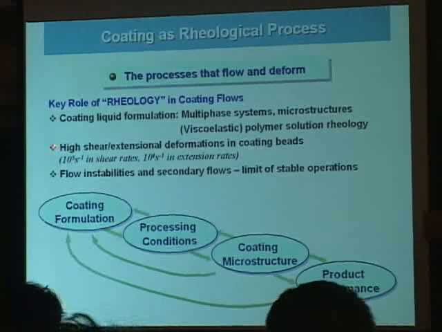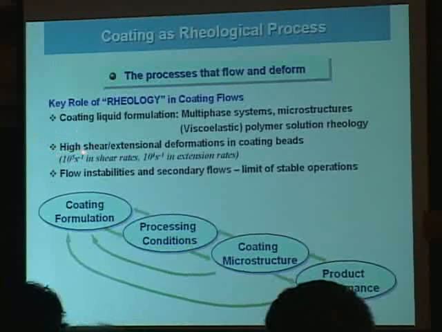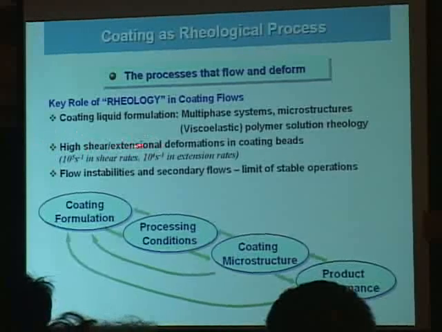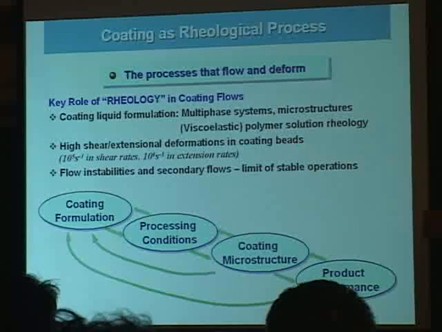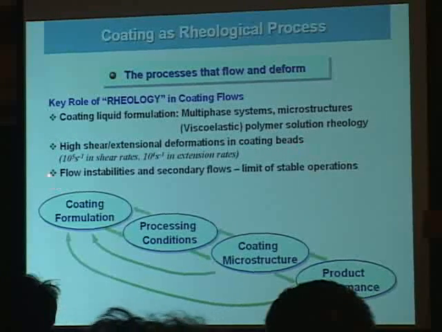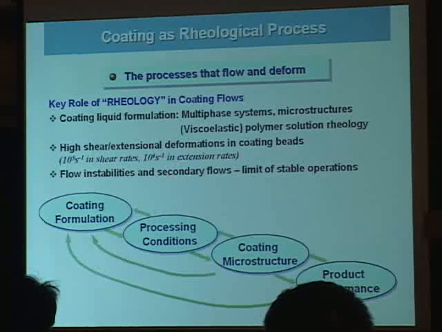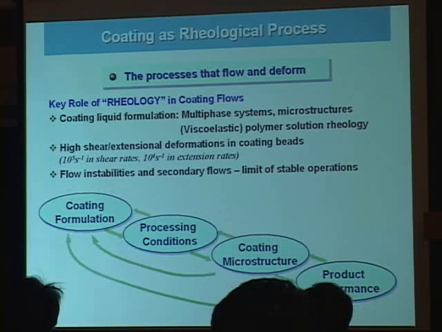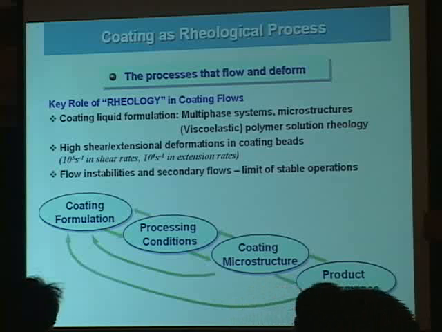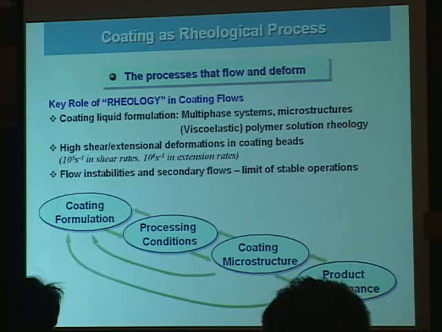Secondly, the coating liquids experience high shear and extensional deformation in coating bead regions, and complex flow instabilities or secondary flows can occur under specific conditions, limiting stable operations. Therefore, these subjects interact with one another for high productivity or processability of coating processes.